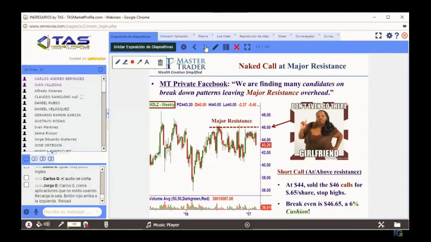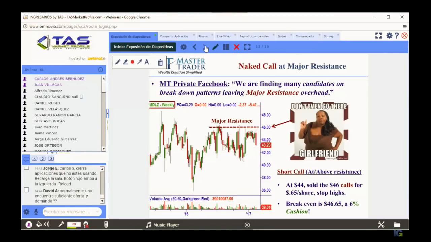Here's an example of selling a call spread. So instead of us saying the stock will not go below support, we are making a bet that the stock will not go over $46 by expiration date. And in this example, when the stock was at $44, we sold those $46 call options, and we put 65 cents a share in our pocket.